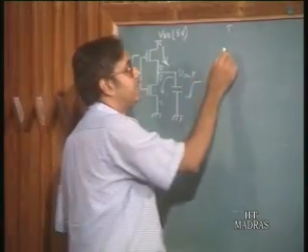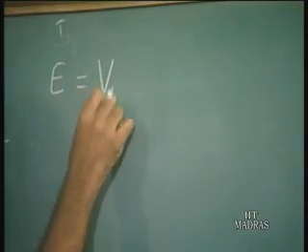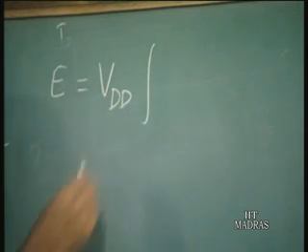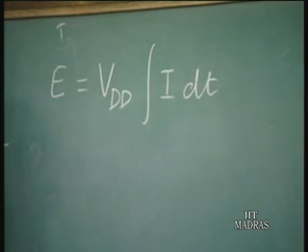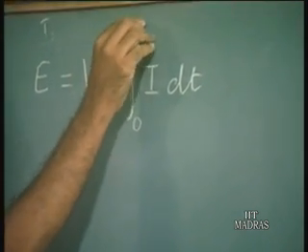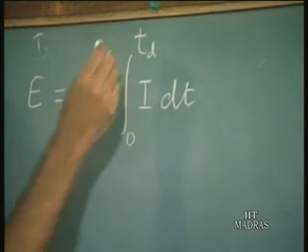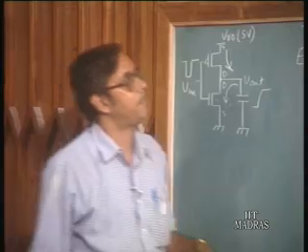The energy transferred, E, will be given by the integral of VDD times I dt, during the transition time, from 0 to tau, that is the time delay, or the time required for the output to charge. That is the energy transferred to the capacitance.